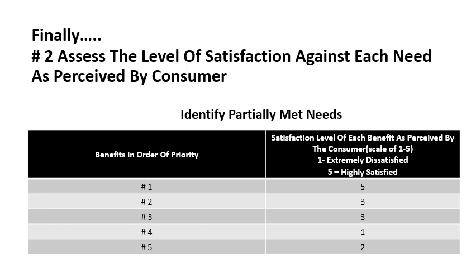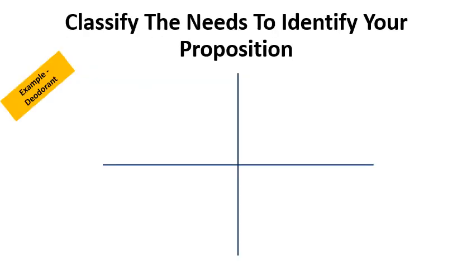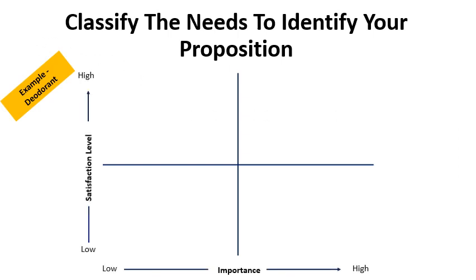Combining the first and the second, which is the perception of competition against the needs and the satisfaction level against those needs, you will get a sense of whether there is a gap in the market, and then you can plot it.